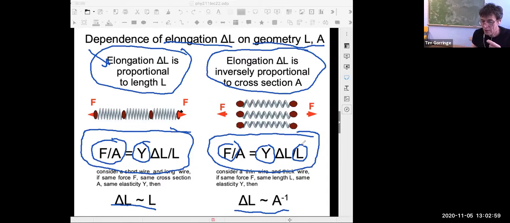If you've got a long, small cross-section wire, and you put a weight on it, it's going to stretch a lot. If you've got a short, large diameter, large cross-section wire, you put the same weight on it, it's going to barely stretch at all. So that's the geometrical dependence of the elongation on the length and the cross-section, those two geometrical parameters that would describe a rod or a wire or a cable.